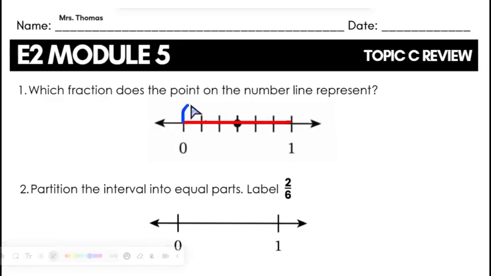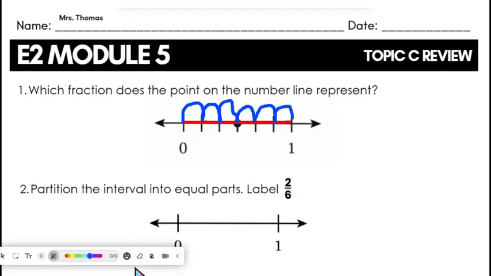So I'm going to count 1, 2, 3, 4, 5, 6. So it looks like this one, they've partitioned it into 6, right? And now that I know that, I can write my denominator here because all of them are going to be 6.